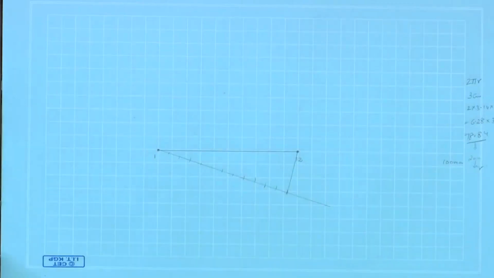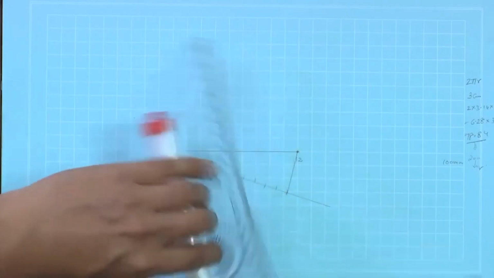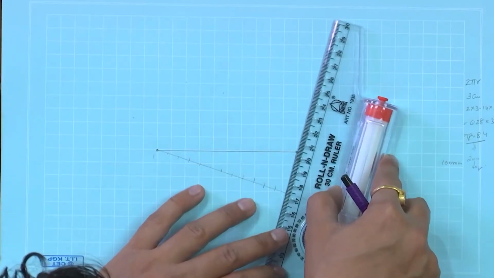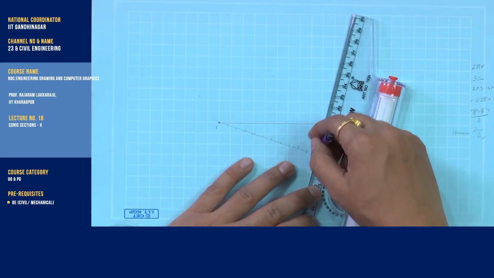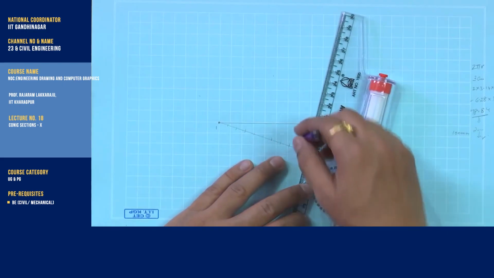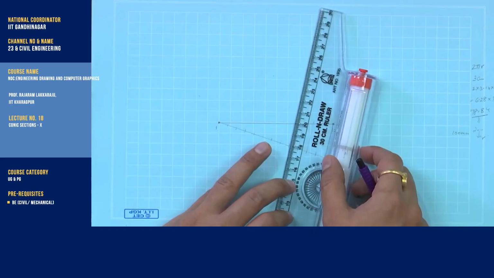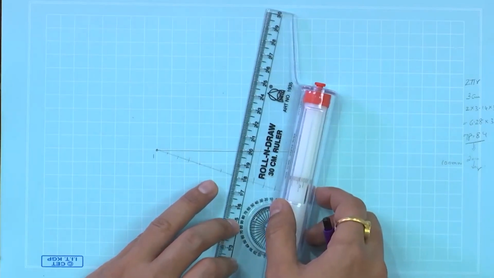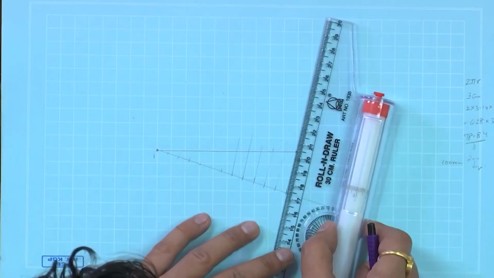We have to go parallelly, parallelly in this direction, so that we can mark these points. Okay, go carefully.